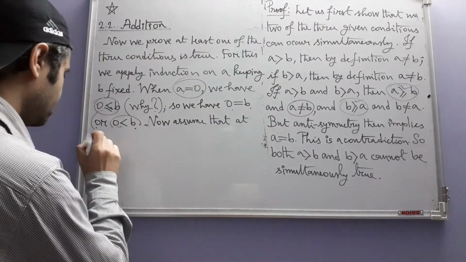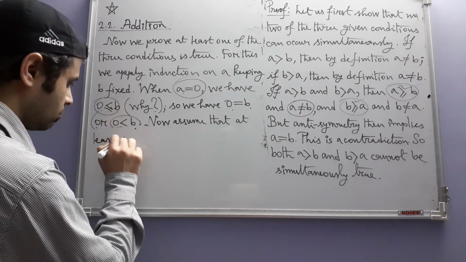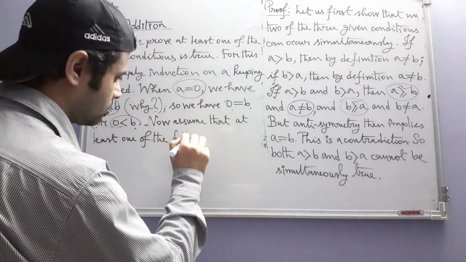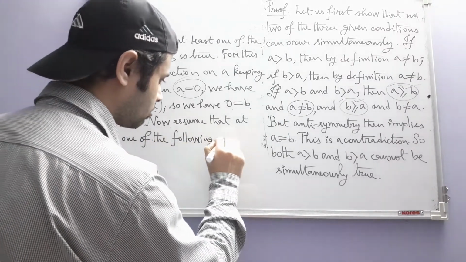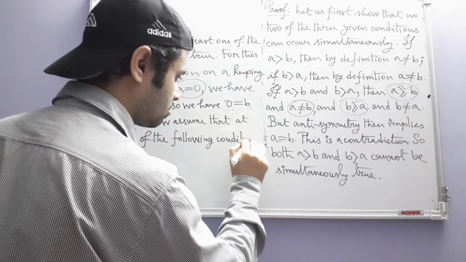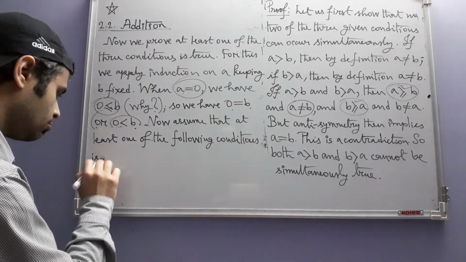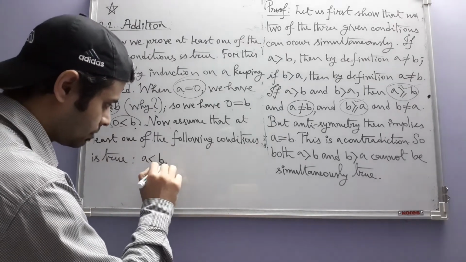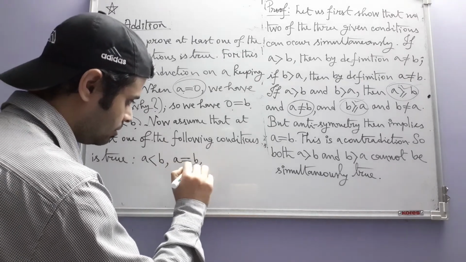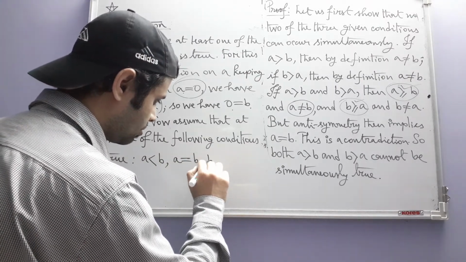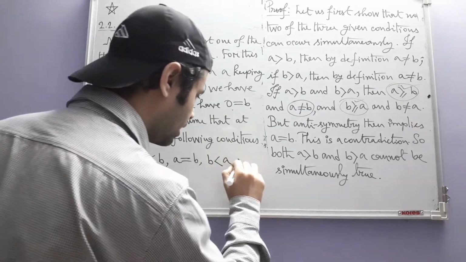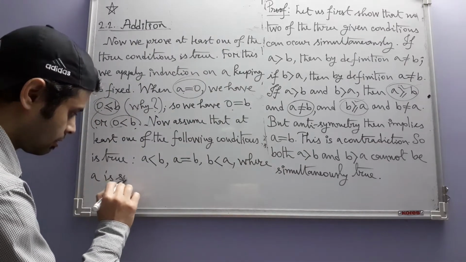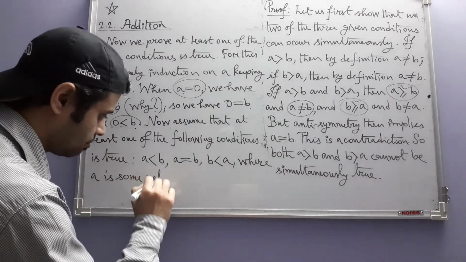Now assume that at least one of the following conditions is true: a is less than b, a is equal to b, a is greater than b, or b is less than a, where a is some natural number.